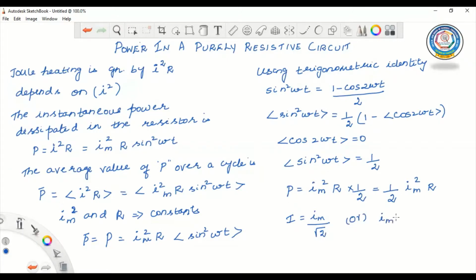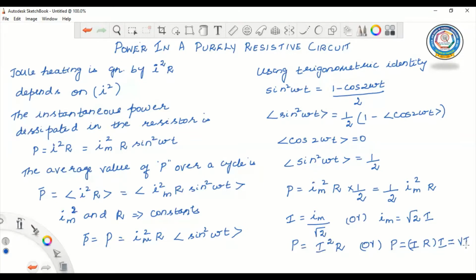Or Im is equal to root 2 into I. So we write P is equal to I square R, or P is equal to IR into I, or else can we write it as VI?